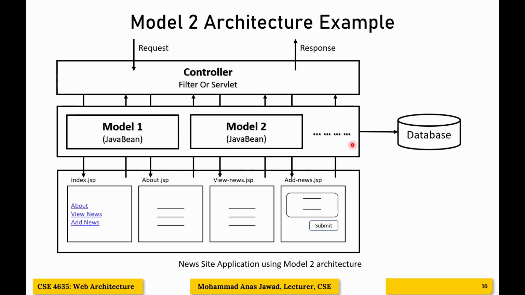Since the view layer and the model layer are separated clearly here, we do not have to worry about the presentation and business logic layers intertwining with one another anymore, right? And so this solves almost all the problems that were mentioned in the Model 1 architecture.